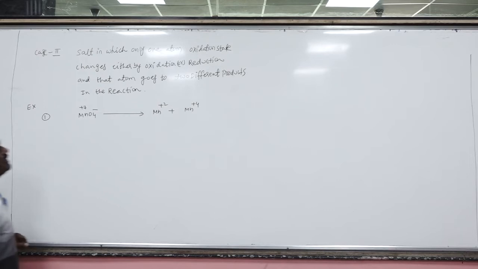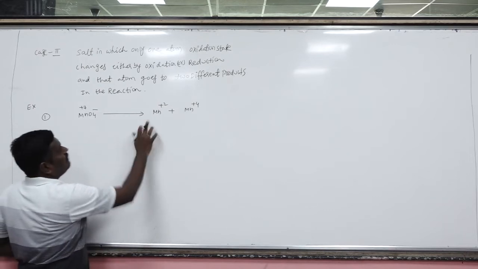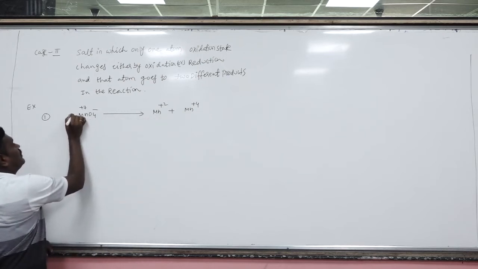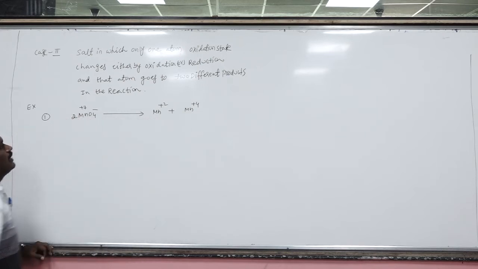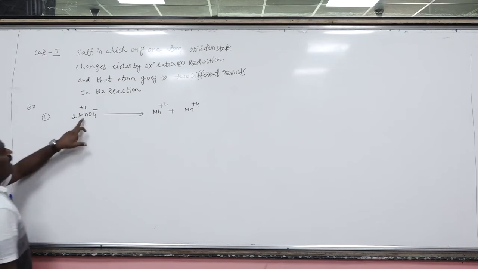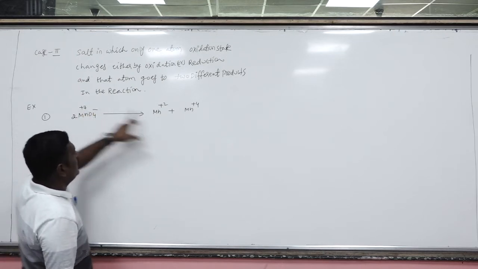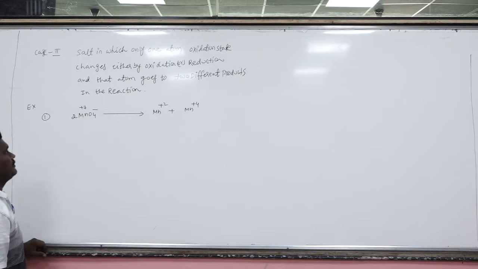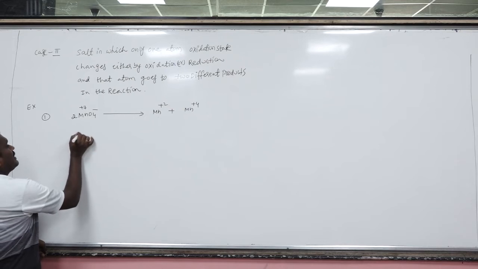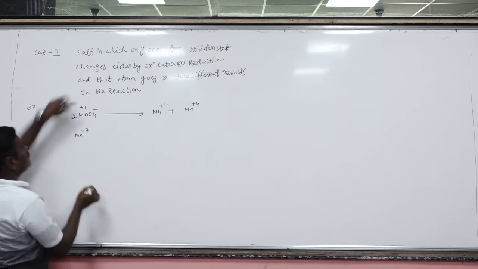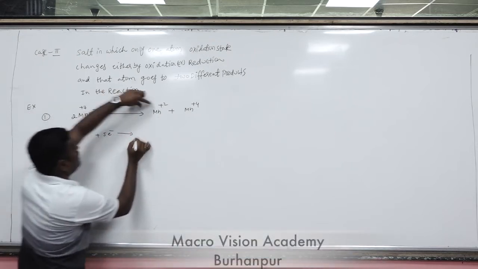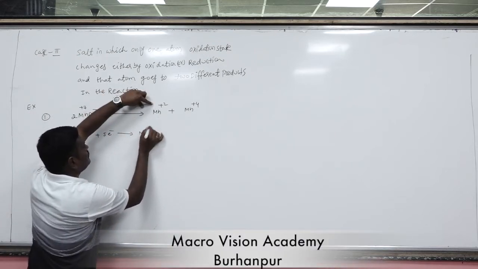Now, in this situation, we first of all have to balance the equation. How many manganese are there? 2. So here also 2 manganese. Out of the 2 manganese, 1 manganese +7 is reduced to +2 by gaining how many electrons? 5. Are you getting my point? 1 manganese +7, by accepting 5 electrons, is reduced to Mn+2.